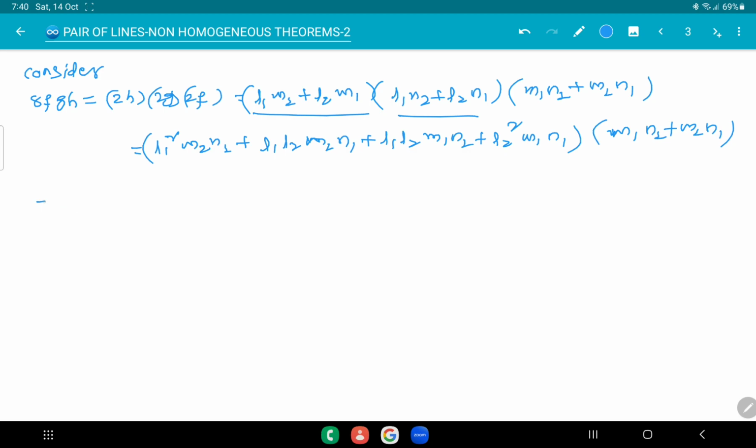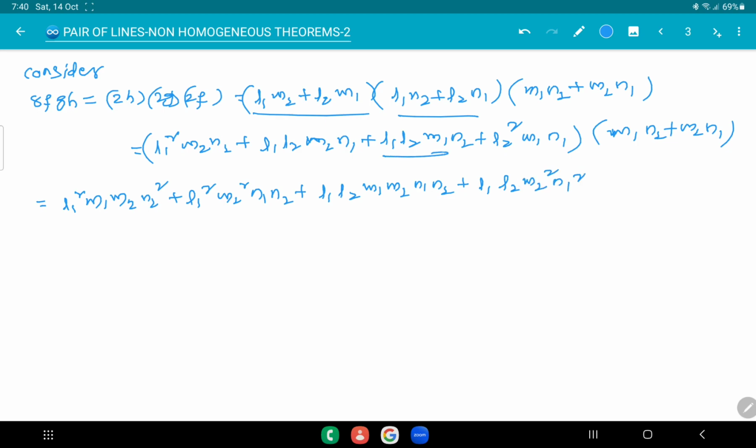Multiply that, this one with these two now. So L1 square M1 M2 N2 square, L1 square M2 square N1 N2, plus L1 L2 M1 M2 N1 N2 plus L1 L2 M2 square N1 square.